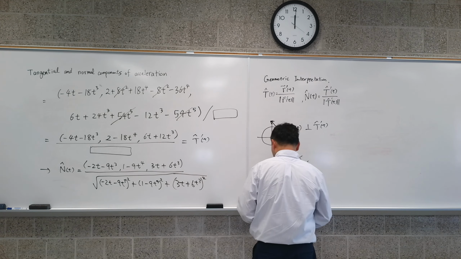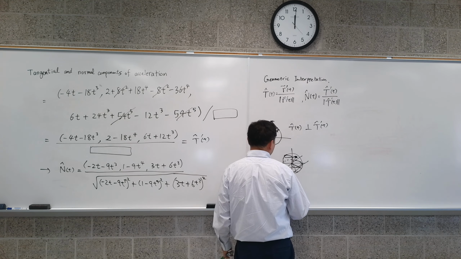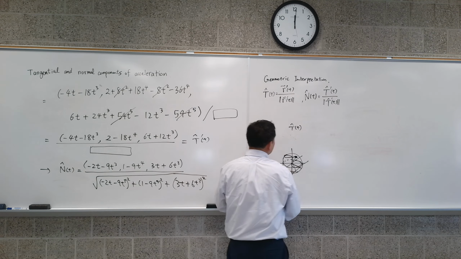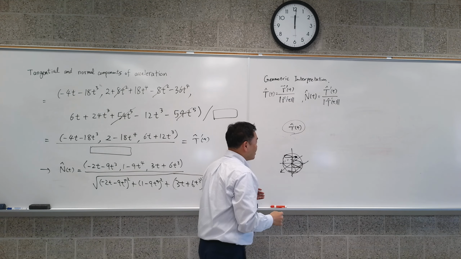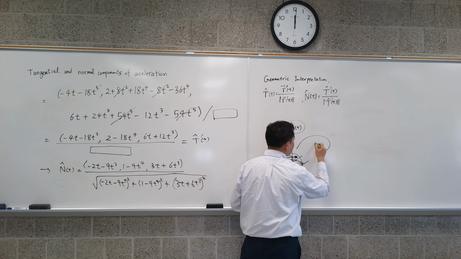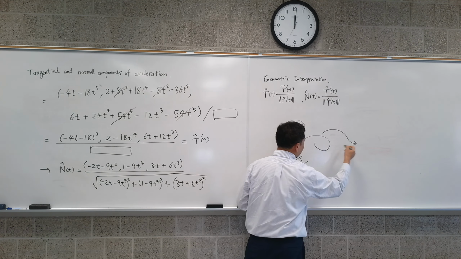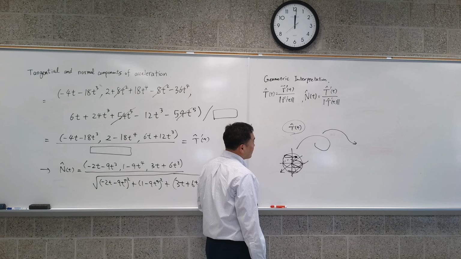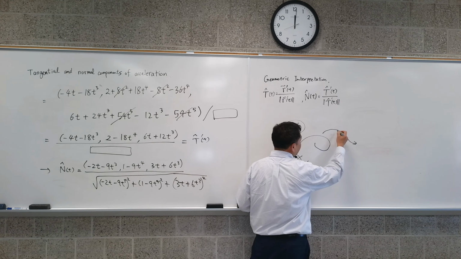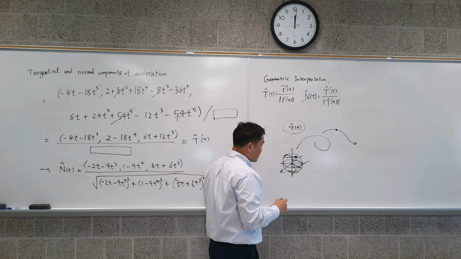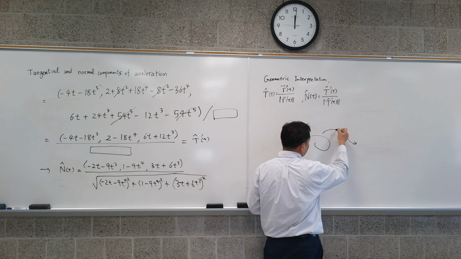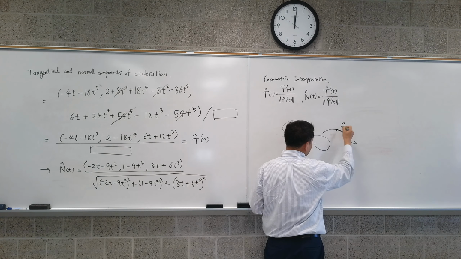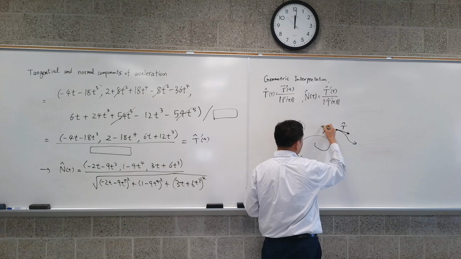But then let's step back. What is this itself? That's like if you have a curve that's, let's say, rotating and doing something on a 3D curve, then at every point you're going to get a unit tangent vector.